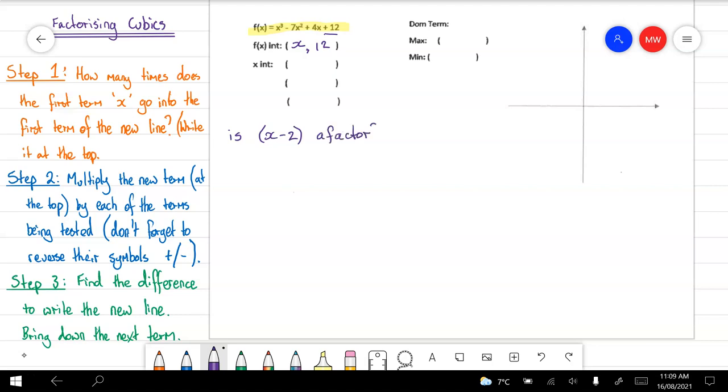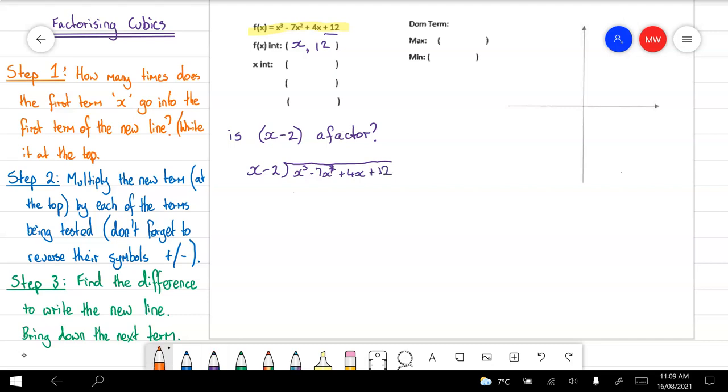And when I'm asking is it a factor, I'm asking if it's a factor of the function that I've highlighted up the top. So we just write it out as we see it. Will x minus 2 go into, or is it a factor of, x cubed minus 7x squared plus 4x plus 12?